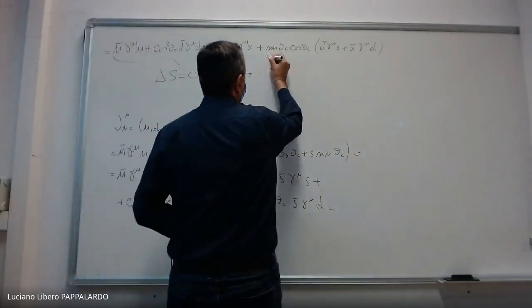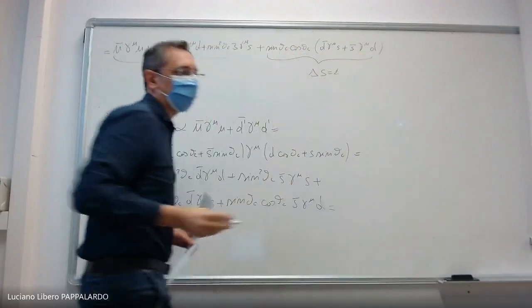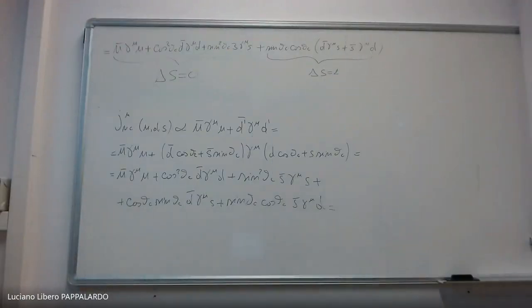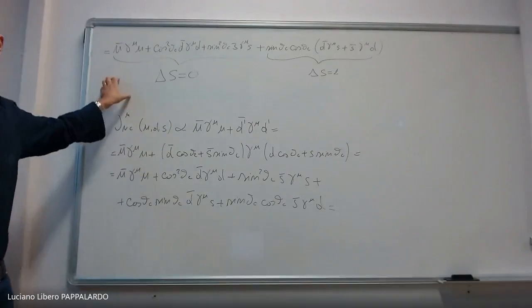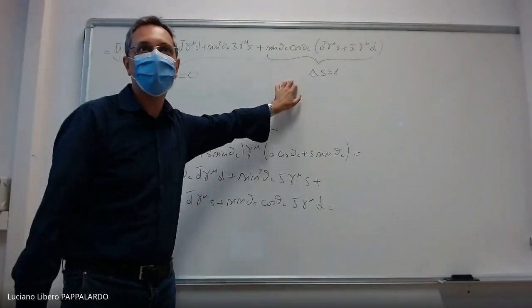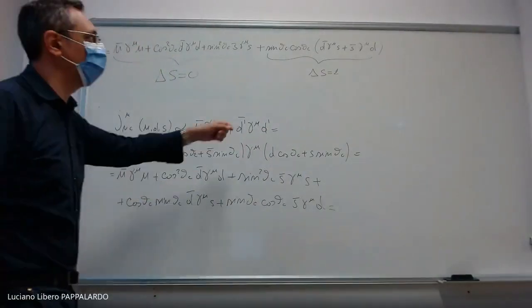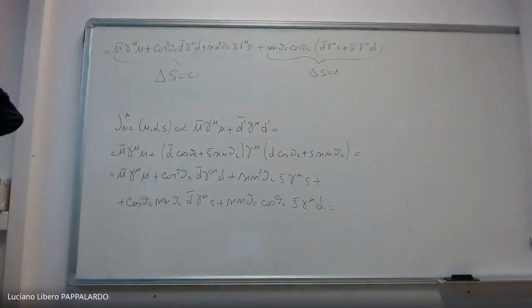And in this case here, instead, we have a change in strangeness. So these are the processes that are allowed in nature, that are observed experimentally, but these are not. So the Cabibbo theory, as I was mentioning, allows for something that is not observed in nature. Okay, let's now work out the example after the GIM mechanism, so allowing for a second doublet.